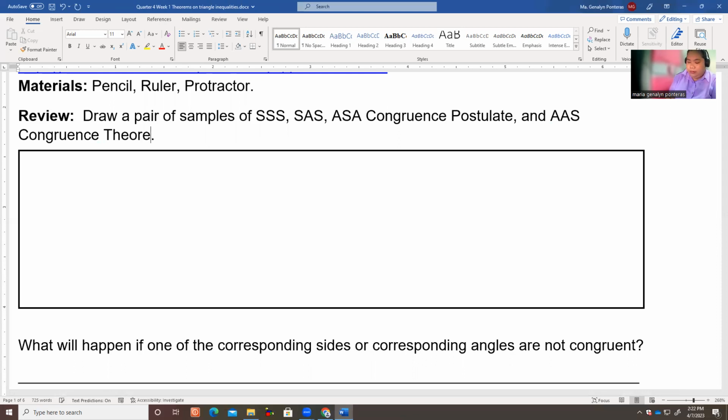So the three were postulates, triple S, SAS, and ASA, while AAS or SAA is a congruence theorem.